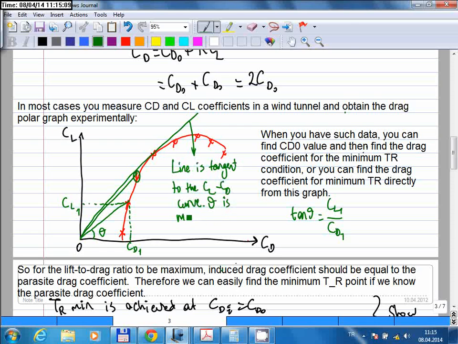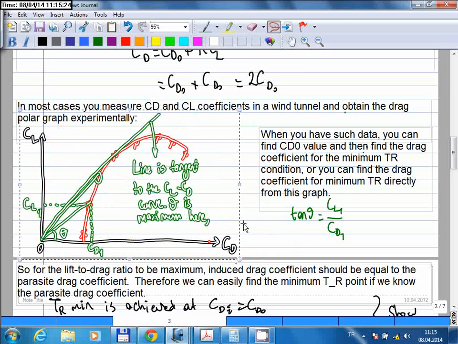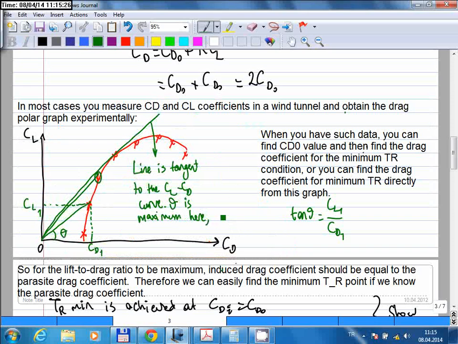Theta is maximum here, which means CL over CD is maximum. Okay, so were you able to follow?